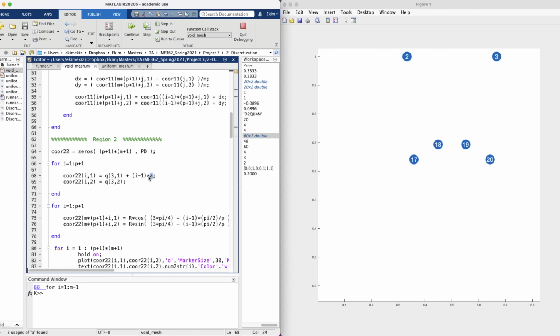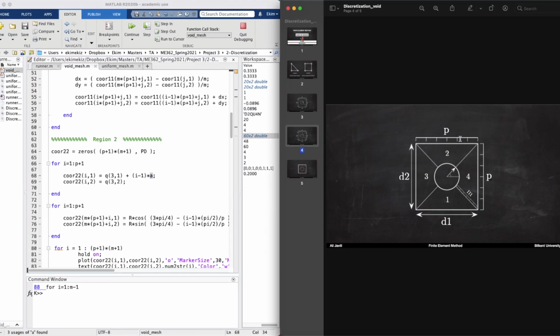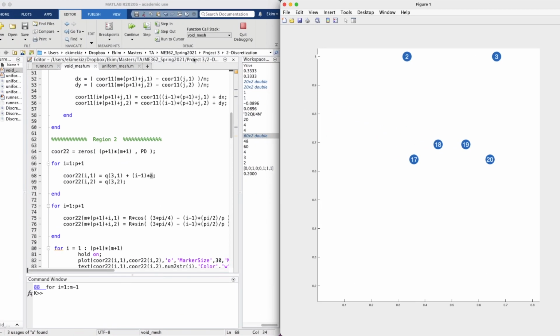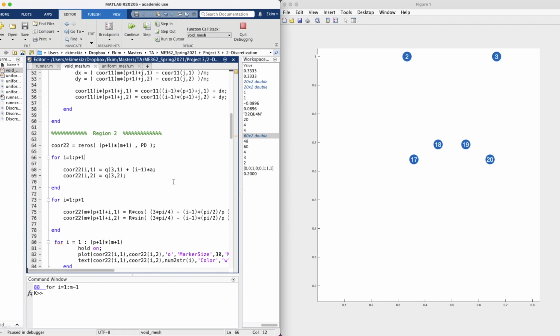Okay, so remember a was d1 over p, right? And our y coordinate is just what we had for the y coordinate of that third corner. Okay, so for the generation of the nodes on this line, the only difference is now it's our starting point, well, first, and then the direction we are moving in.